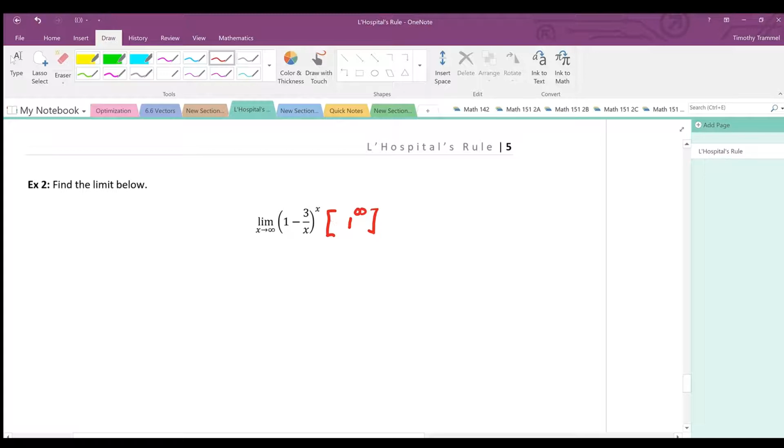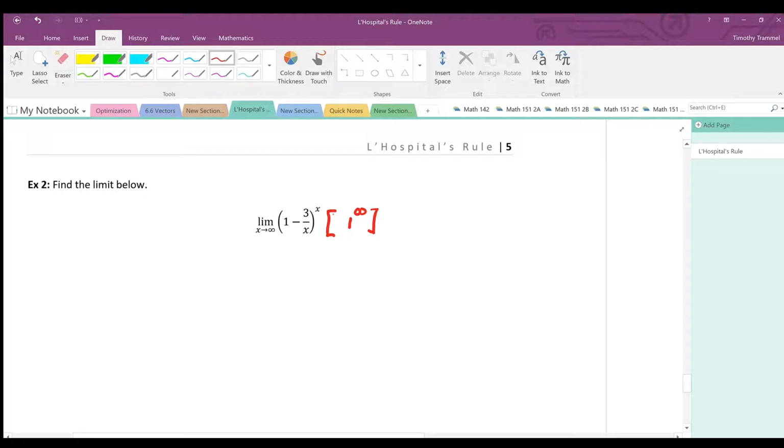And the thing that makes this an indeterminate form is that normally when we raise 1 to a power, it gives us 1, right? But also, if this number is something bigger than 1 and you raise it to a large power, you expect to get a really large number.